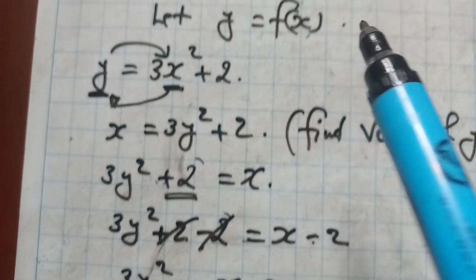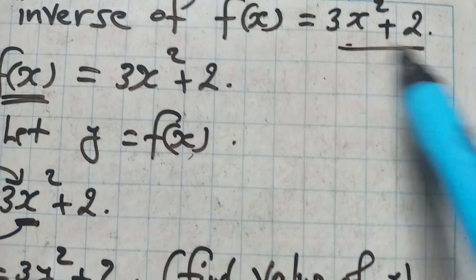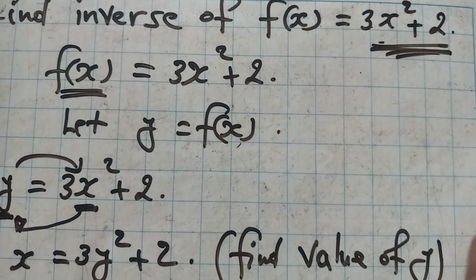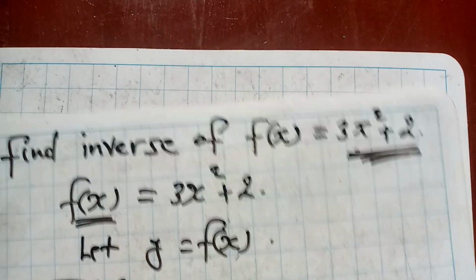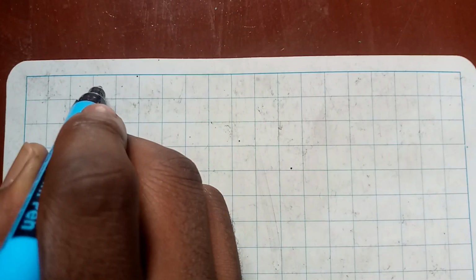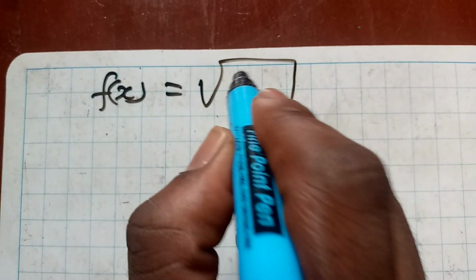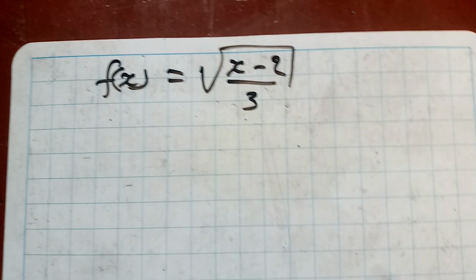I wanted to show you how to find this. So if f of x equals the square root of x minus 2 divided by 3, we find its inverse.